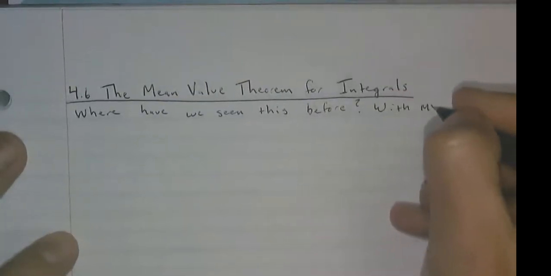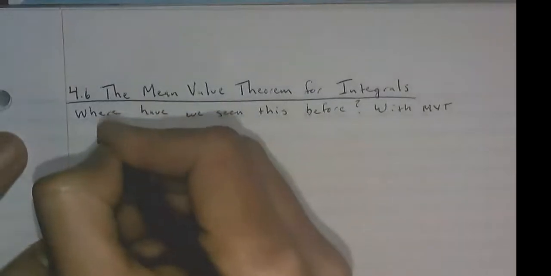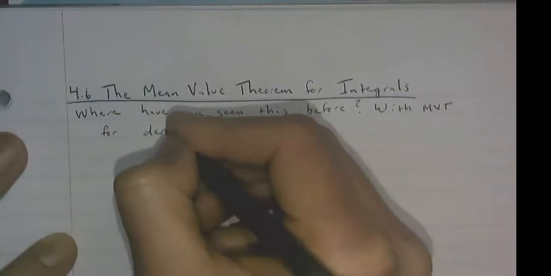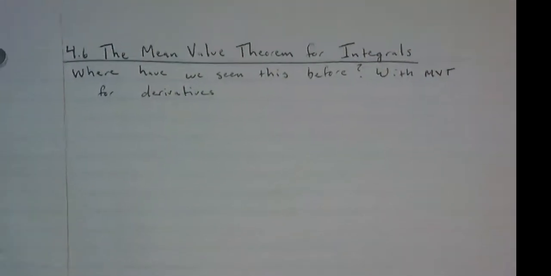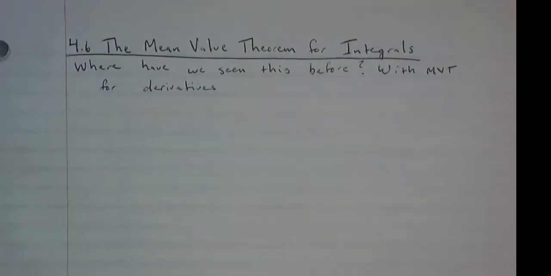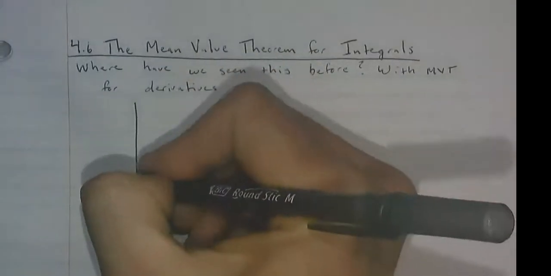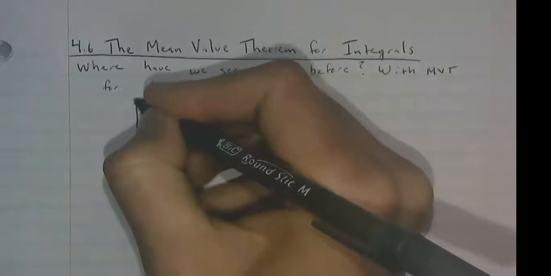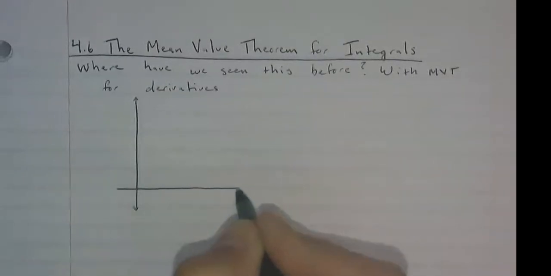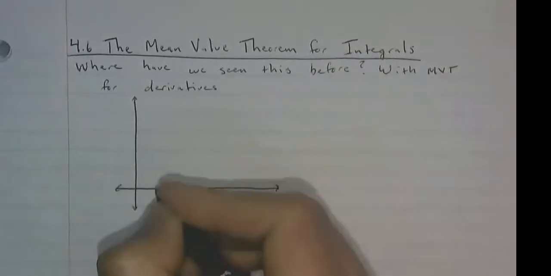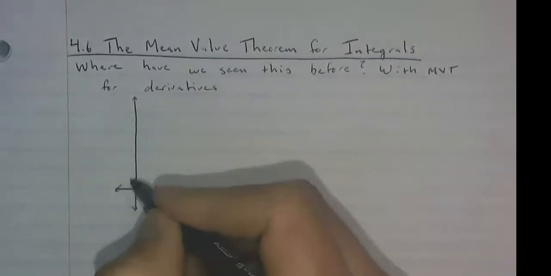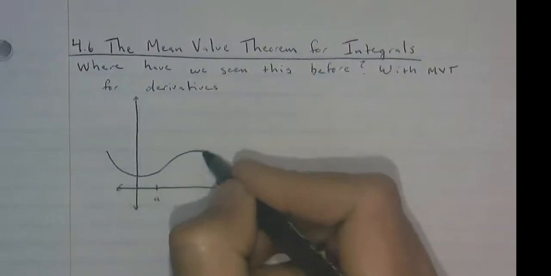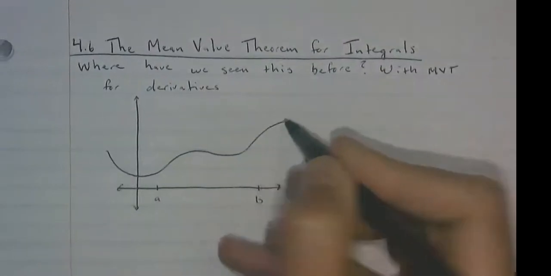With the MVT for derivatives. And what did the MVT for derivatives promise us? Well, it said if you had a continuous curve between A and B, it's doing kind of whatever it wants to do.